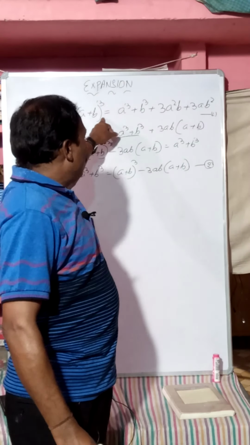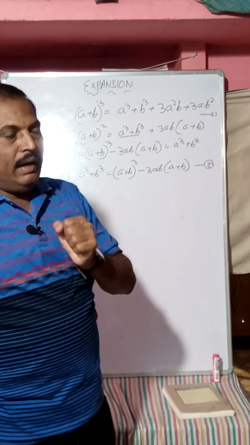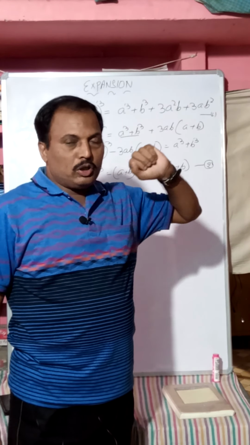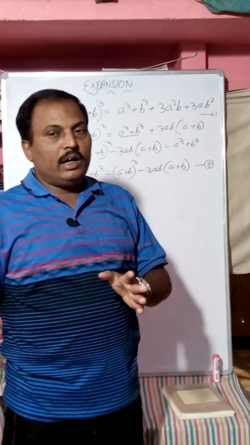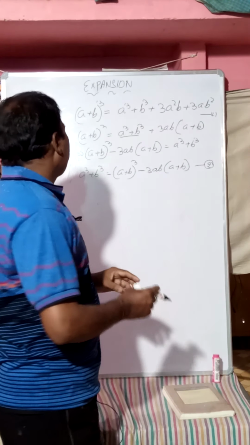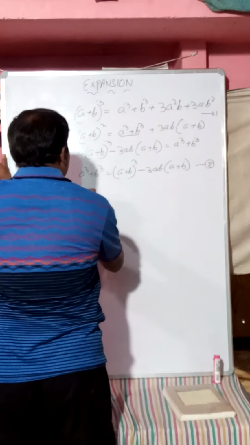(a plus b) whole cube is equal to a cube plus b cube plus 3ab into (a plus b), or otherwise (a plus b) whole cube is equal to a cube plus b cube plus 3a square b plus 3ab square plus b cube. Now this is again a formula.